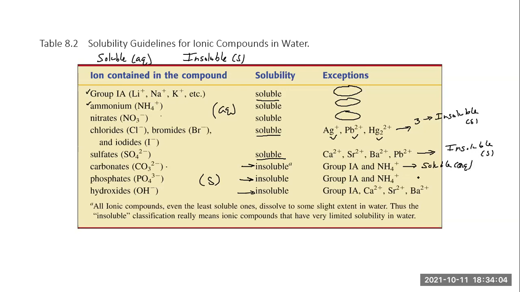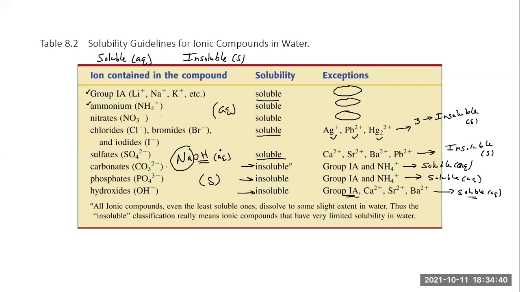If it's group 1 and NH4+ with phosphate, they would also be soluble and aqueous. If it's group 1 with calcium, strontium, or barium and hydroxide, it would also be soluble. That is why when we have something like sodium hydroxide, hydroxide is normally insoluble or a solid, but sodium is involved, which is part of group 1. So it becomes the opposite, and this would be soluble and aqueous in this particular case.